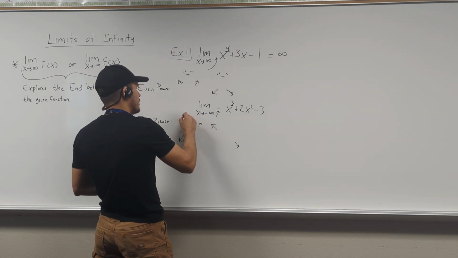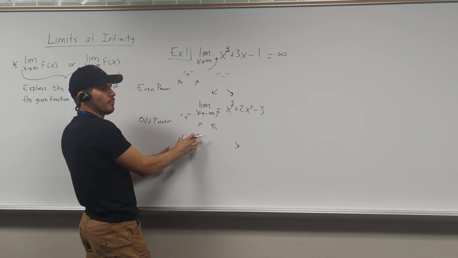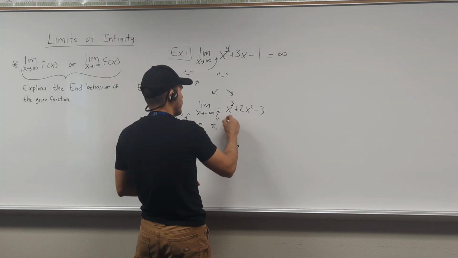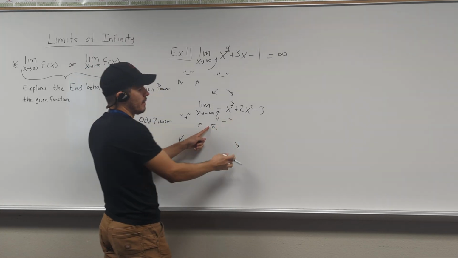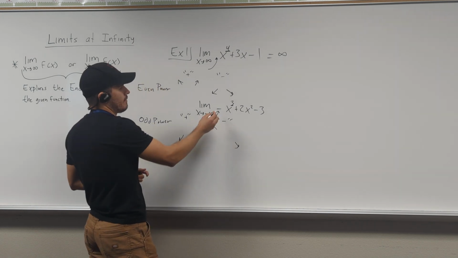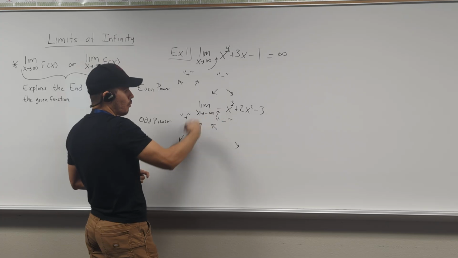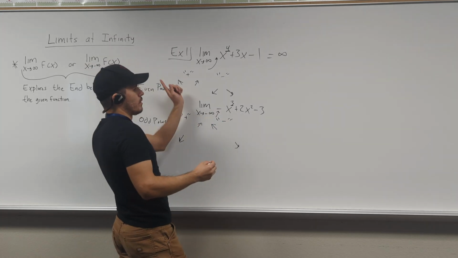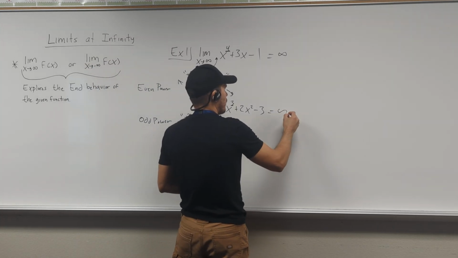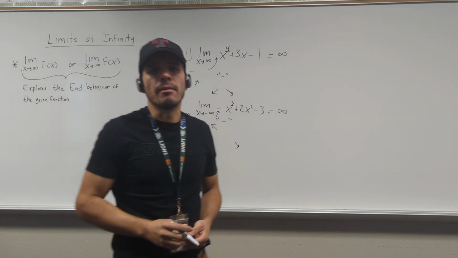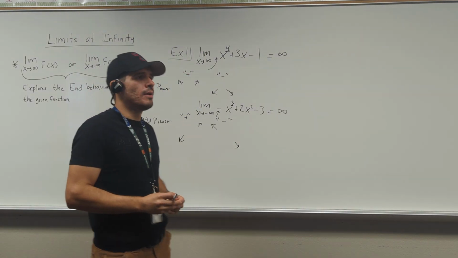If it was positive, it would be falling down on the left and going up on the right. If it was negative, it would be going up on the left and then down on the right. In this case, I have a negative odd power. Therefore, according to the rules, I will be going upwards towards infinity. So that's using rules that you learned back in pre-calculus, hopefully.